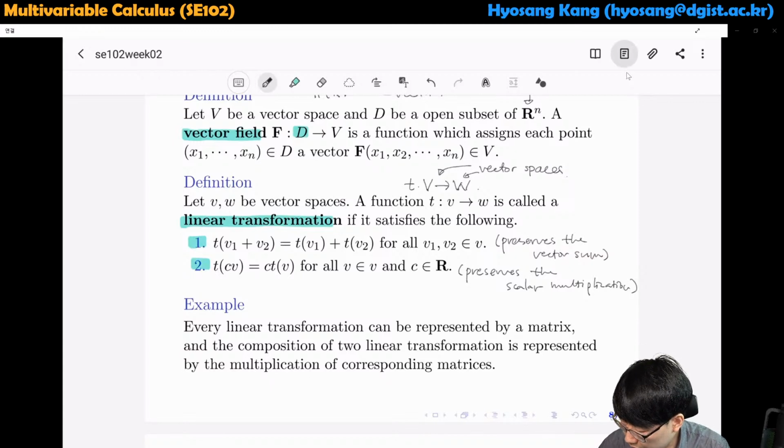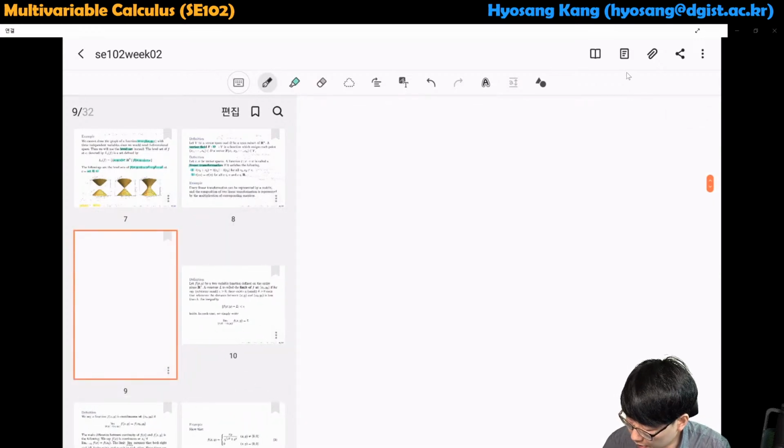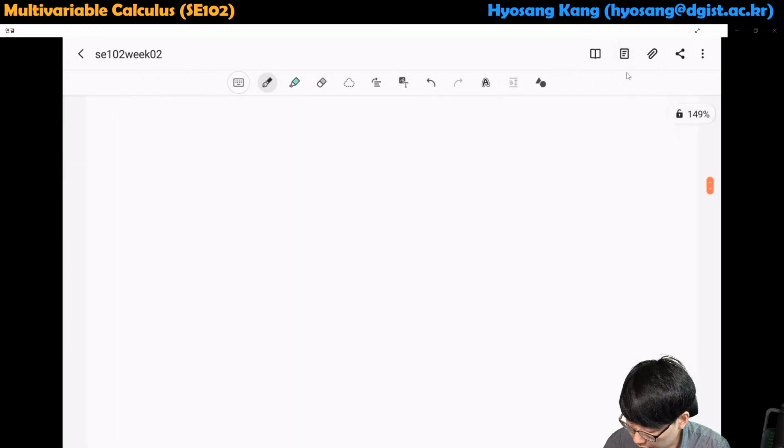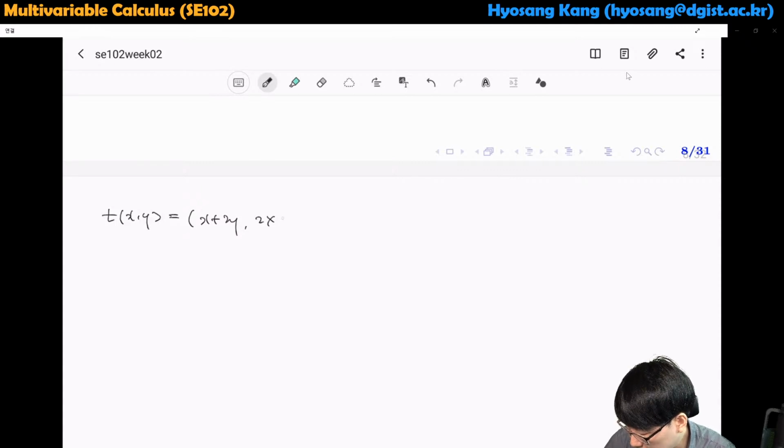Here I'll give you an example. Let's say I define T to send (x, y) to (x plus 2y, 2x).